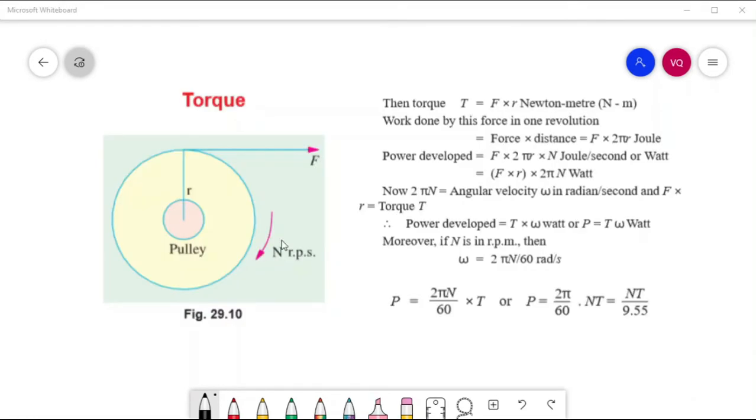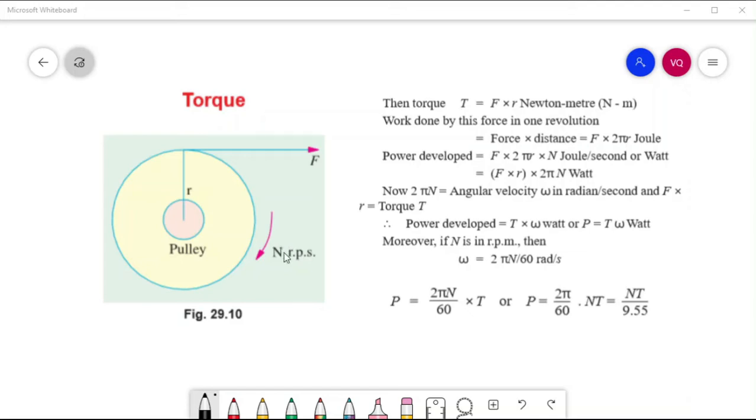Next is the torque. By the term torque, it is meant the turning or twisting moment of a force about an axis. It is measured by the product of the force and the radius at which this force acts. Consider a pulley of radius r in meters acted upon by a circumferential force of F in newtons, which causes it to rotate at n, the speed, in RPS.